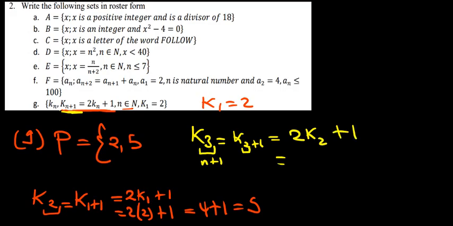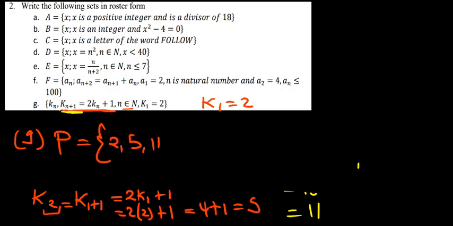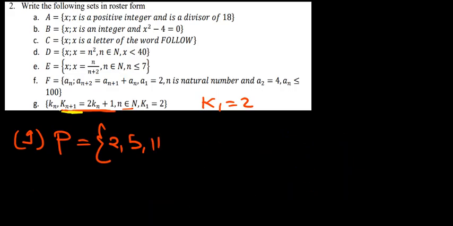So this is going to be equals to 2, and then the k2 will be 5, and then plus 1. So this will be 10 plus 1. So the next number there will just be what? 11. So I'll put comma 11 there. So we can erase this and then try to find k4.